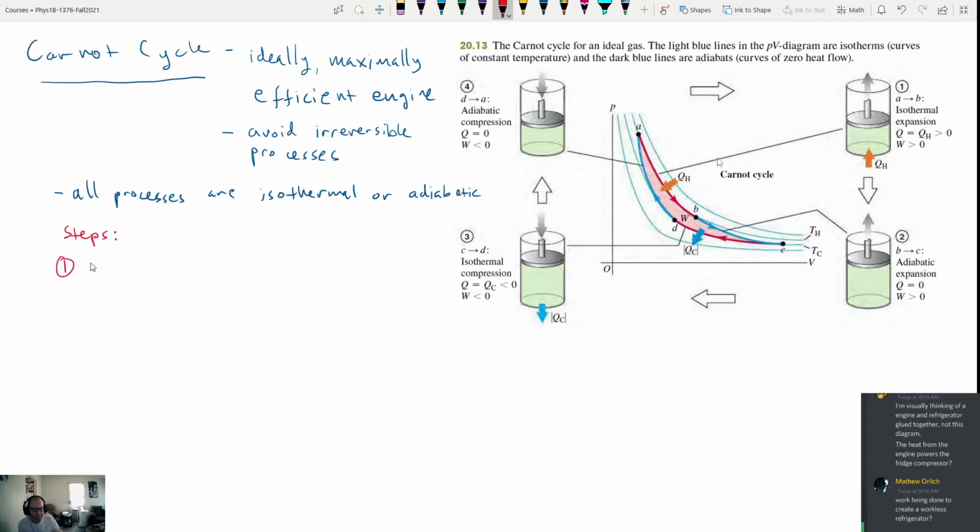Okay, first of all, step one, right here. So what do we have? We have an ideal gas, and we have different PV isotherms in our diagram right here. So this is a pressure versus volume graph, and each line represents a different temperature.